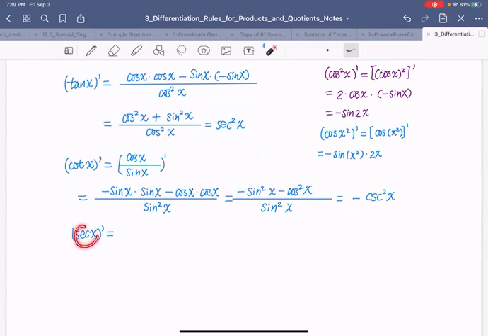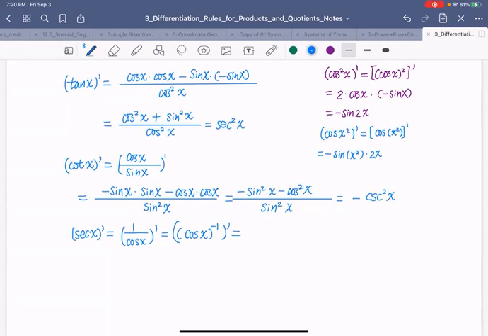We want one over cosine. Thank you. And how do we do the next step? We can do this guy to the power of what? Negative 1.